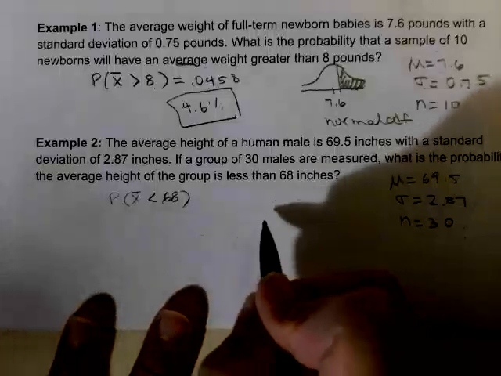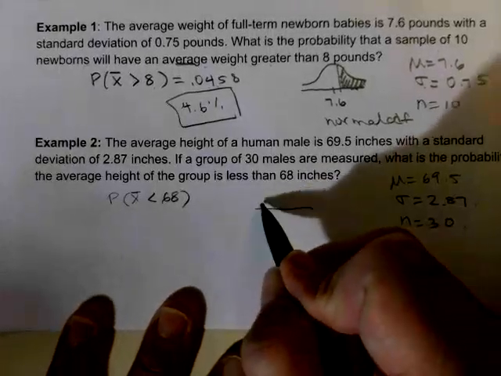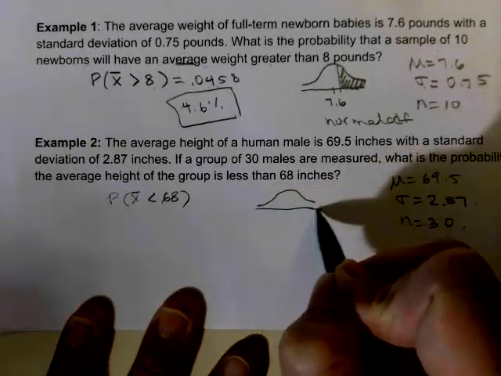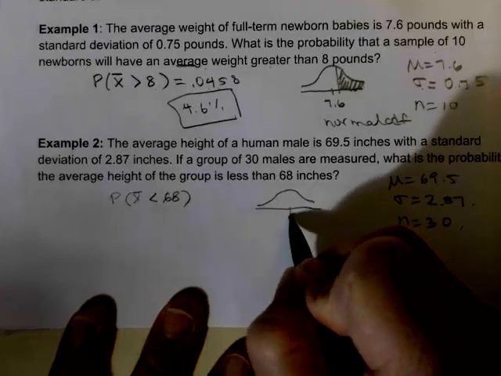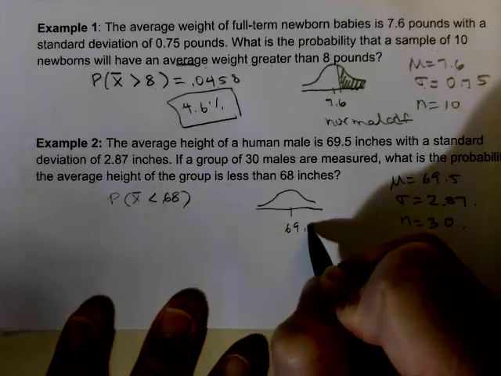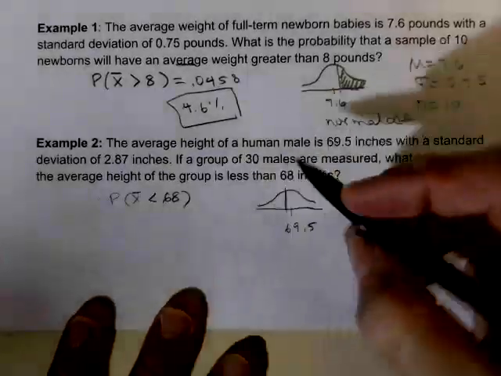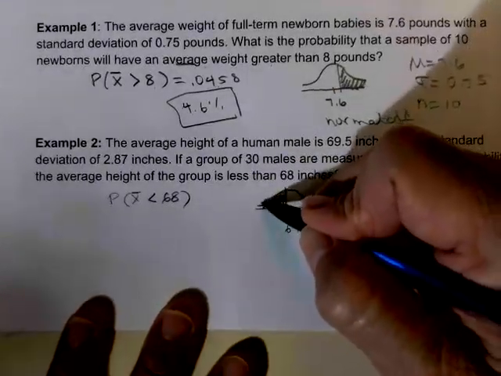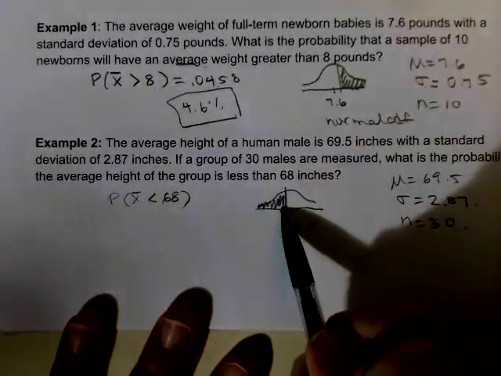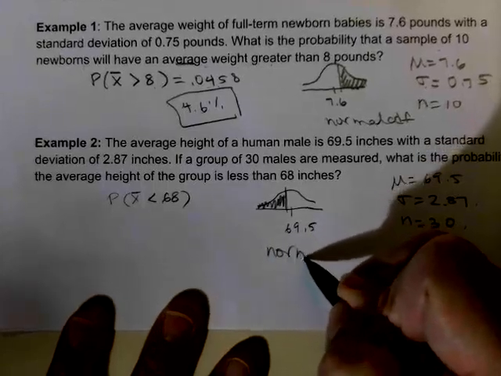Same version as the one we just did. Put your mu in the middle, 69.5. 68 is to the left. And we want less than, so shade the area we're looking for. Again, we're looking for the area. That's our normal CDF.